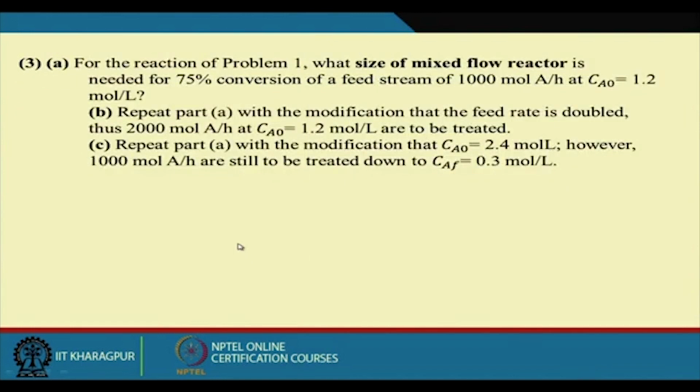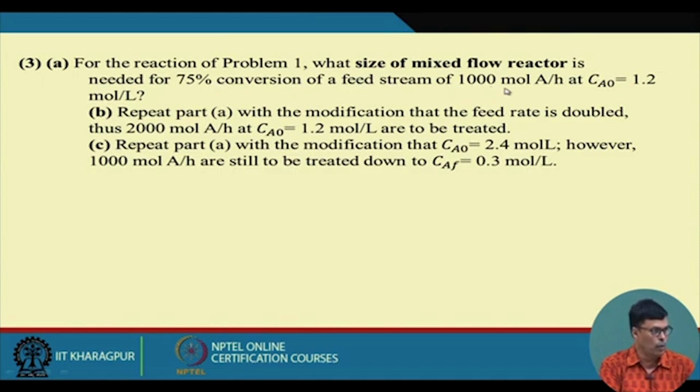Now, the third problem is the same problem. What will be the size of the mixed flow reactor? A mixed flow reactor is similar to your continuous stirred tank reactor, and is needed for 75% conversion of the feed stream, 1000 moles of A per hour at Ca0 1.2 mole per liter.